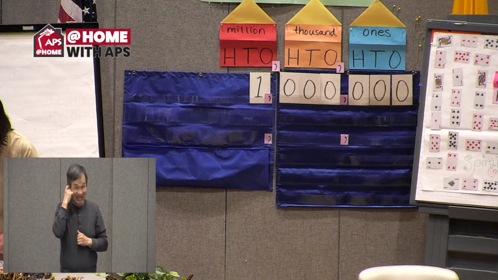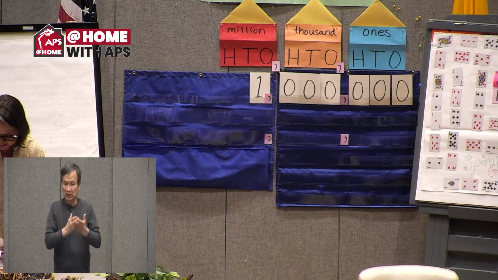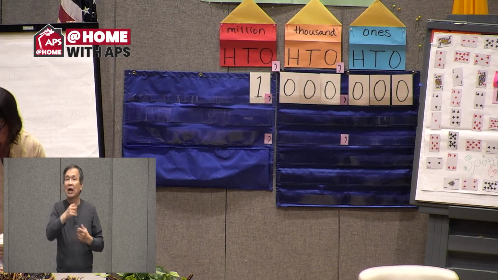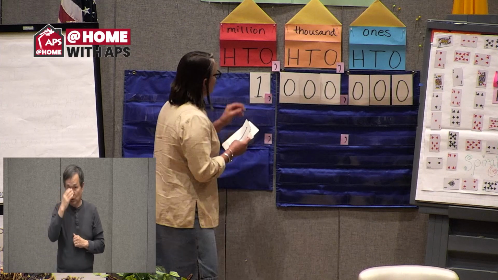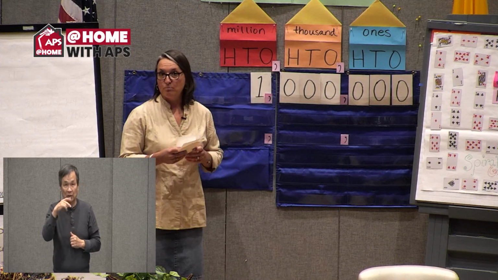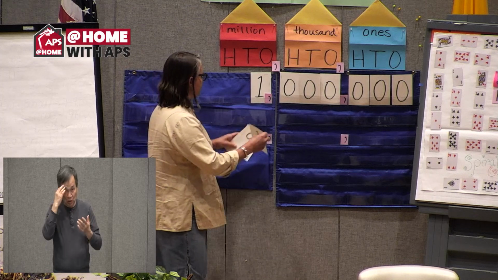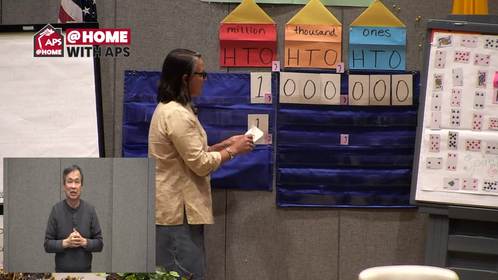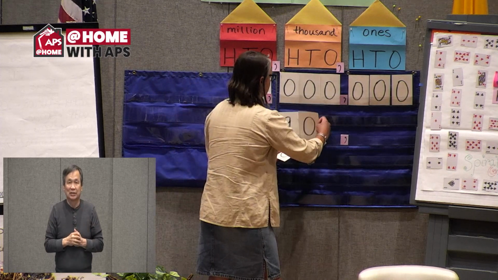Now, let's think about some people that we may know of and compare their income or what they earn to a million. How many of you know who Patrick Mahomes is? You want to know how much he earns every year? He makes 1 million. Let's put this in.